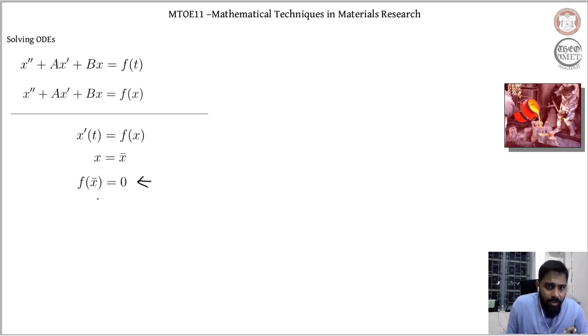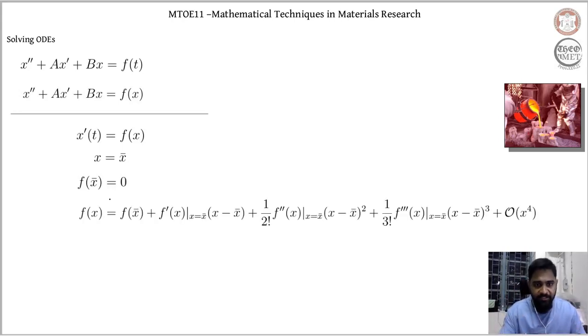Now I have an x bar wherein the momentum is 0 and f of x bar is known to me. So consequently I can expand my f of x, the function that tells me how my momentum is going to vary with position, based on my x bar and write something like this.